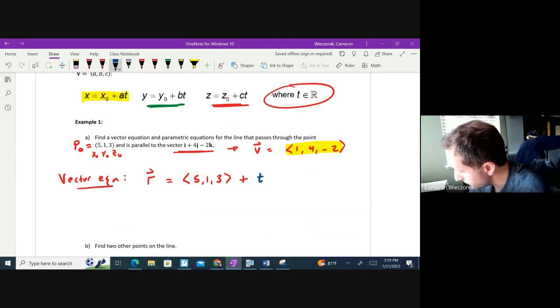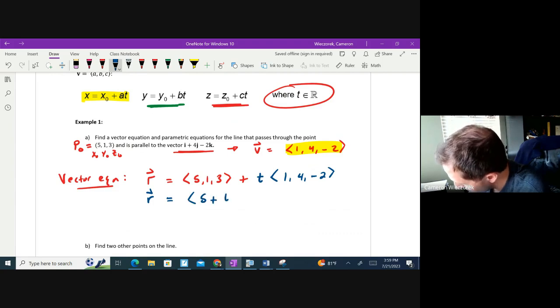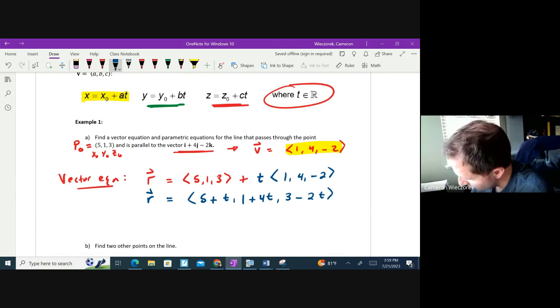So we're going to take our scalar t and multiply it by that direction vector, 1, 4, -2. And so if we simplify, we end up with 5 plus t, 1 plus 4t, 3 minus 2t. So that would be our vector representation of the line.